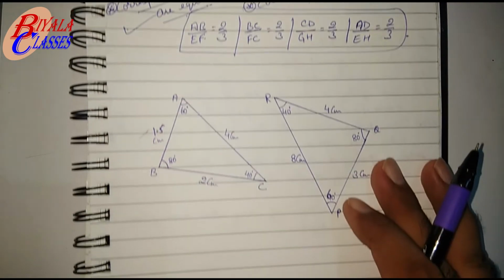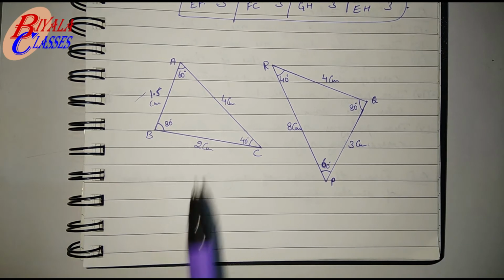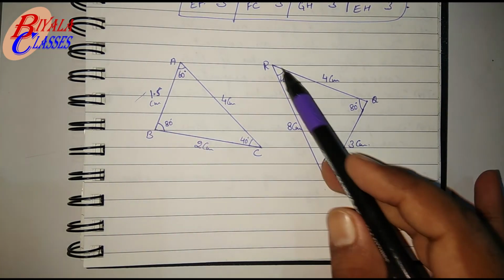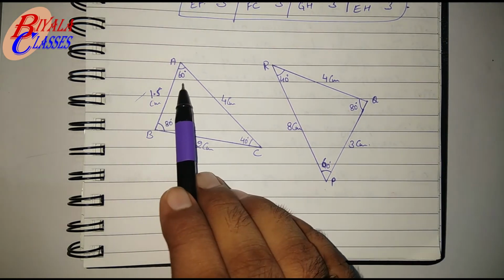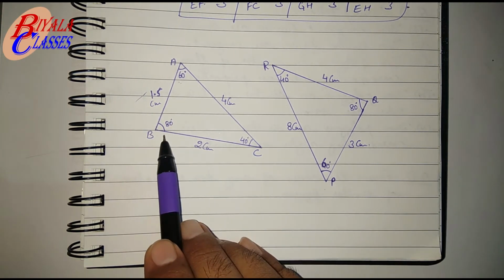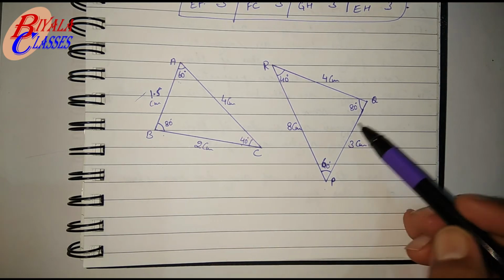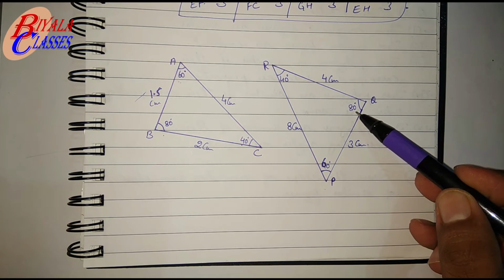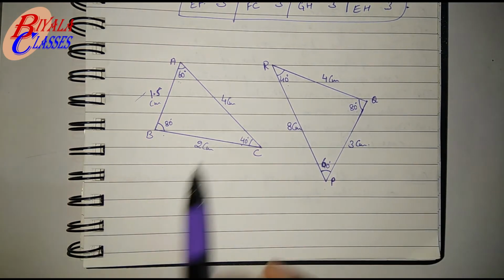Here if you see these two figures, this is the triangle ABC and this is the triangle PQR. The measurements are already mentioned here. Angle A is 60, angle B is 80 degrees and angle C is 40 degrees. Similarly in triangle PQR, angle P is 60 degrees, angle Q is 80 degrees and angle R is 40 degrees.